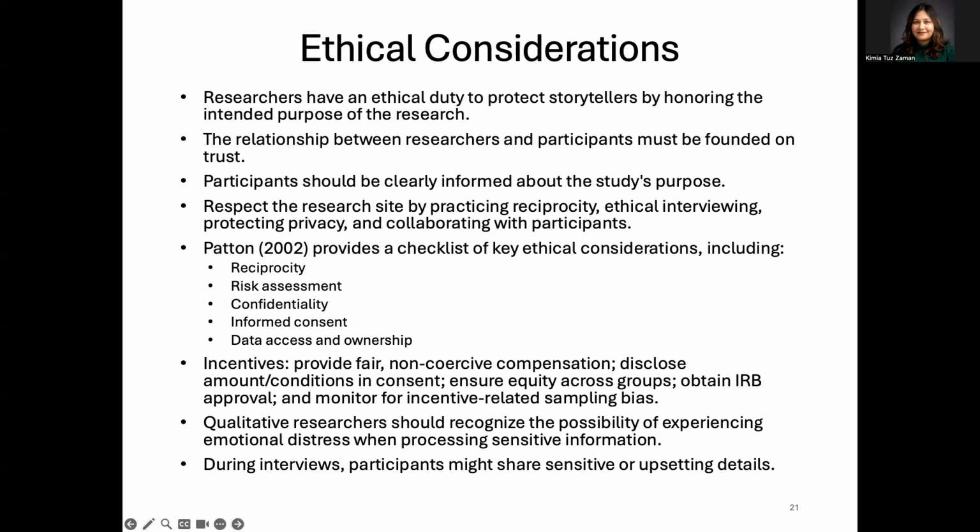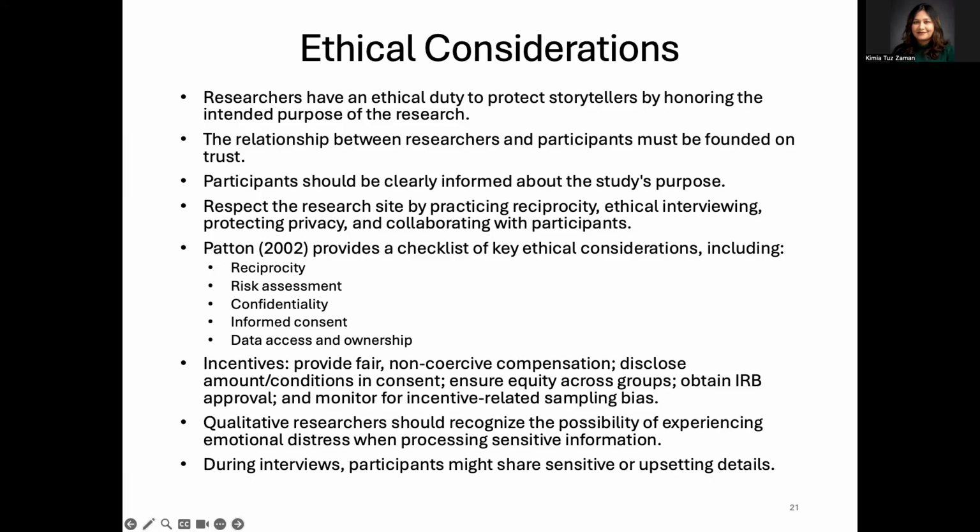Incentives are optional, but if you consider giving incentives, offer fair, non-coercive compensation, disclose the amount and conditions in the consent form, keep it equitable across different groups, secure IRB approval, and watch for incentive-related sampling biases.